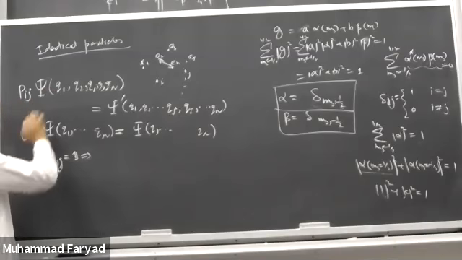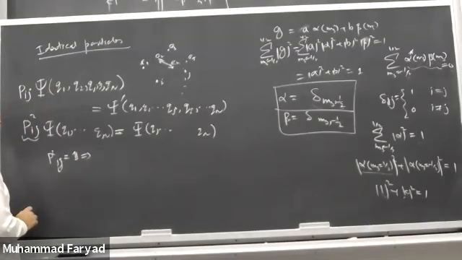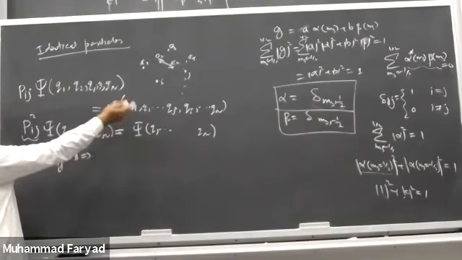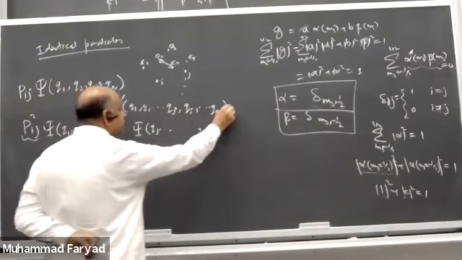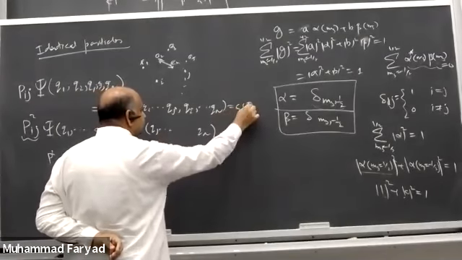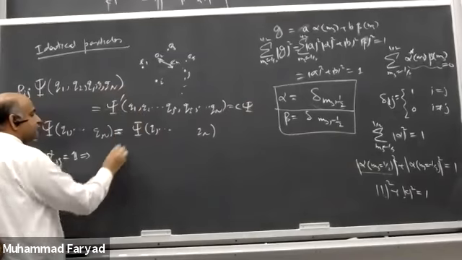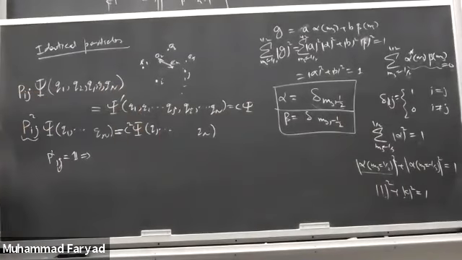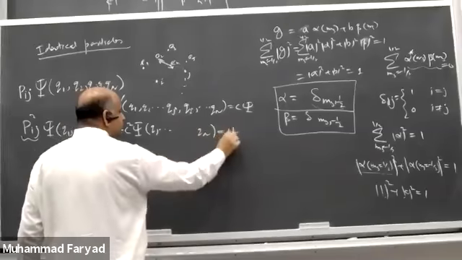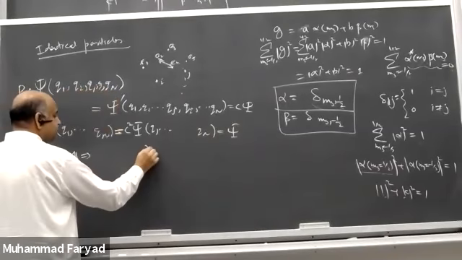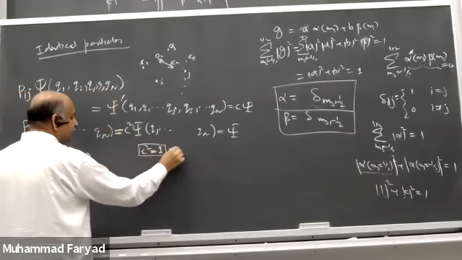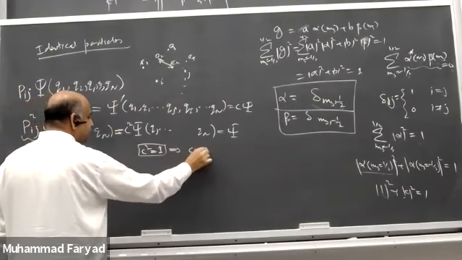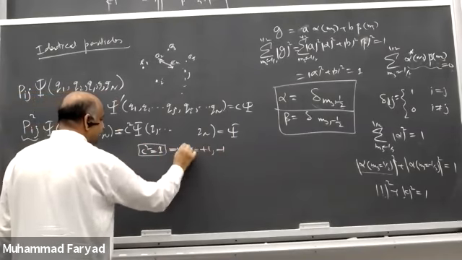Suppose when we apply this Pij, we get C times some psi. So this is equal to C times psi. And then when we do it again, we get this C squared. Since this has to be equal to psi, it means that C squared has to be 1. And this is only possible if C is either plus 1 or minus 1.